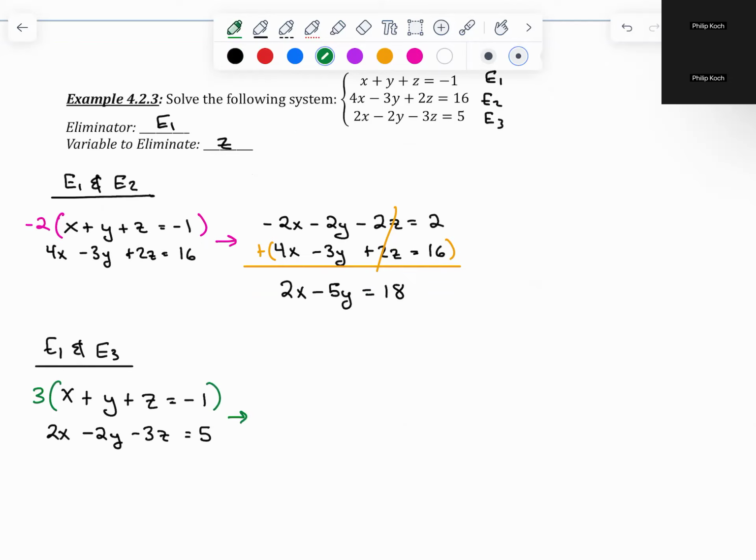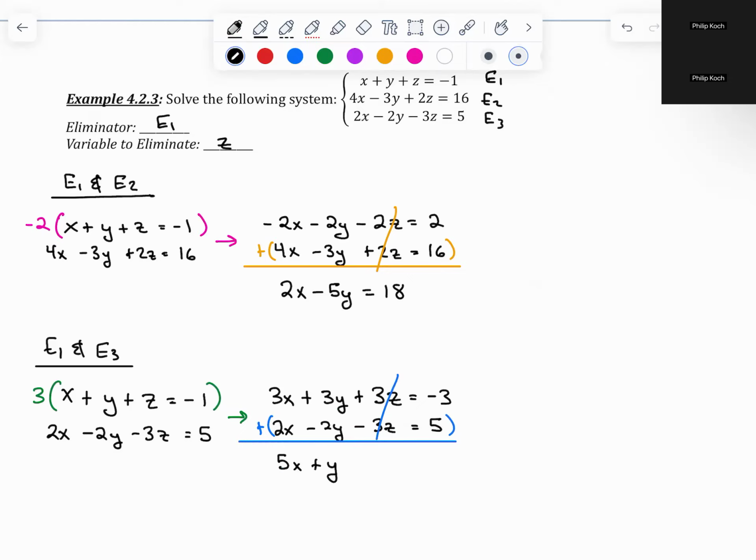So when we do that, we get 3x plus 3y plus 3z equals -3, and then 2x minus 2y minus 3z is equal to +5. And we will add these two things together. Canceling the 3z's, we've got 5x plus y is equal to 2.